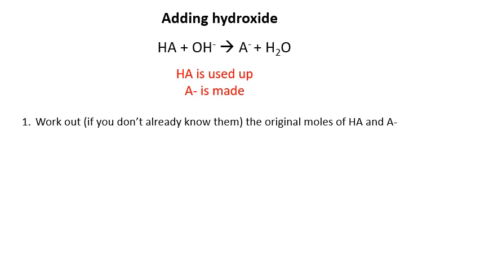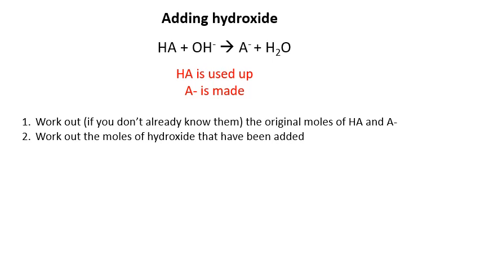If we look at what that means in terms of a calculation, the steps we need to take. First of all, if you don't already know them, you need to work out the original moles of HA and A- in your buffer before this extra hydroxide is added. So that's your original moles. You then need to work out how much hydroxide you've added. So how many moles of hydroxide have you added? These are just going to be moles equals concentration times volume calculations.